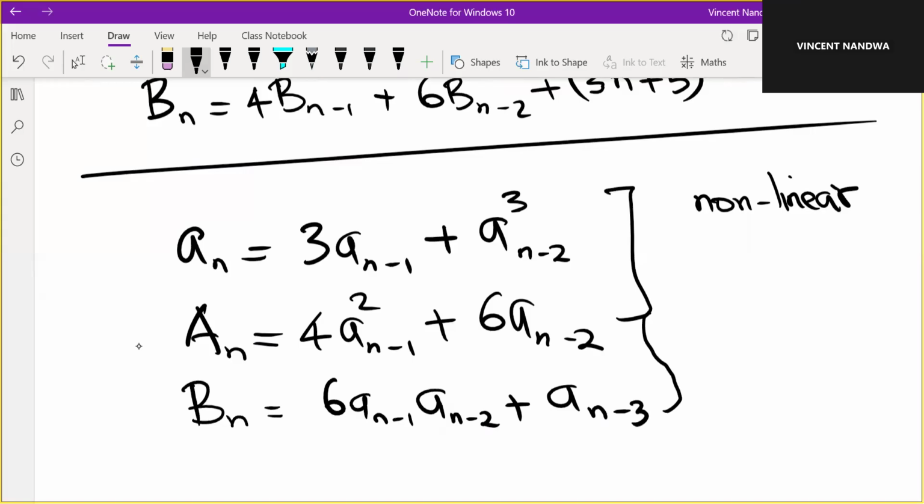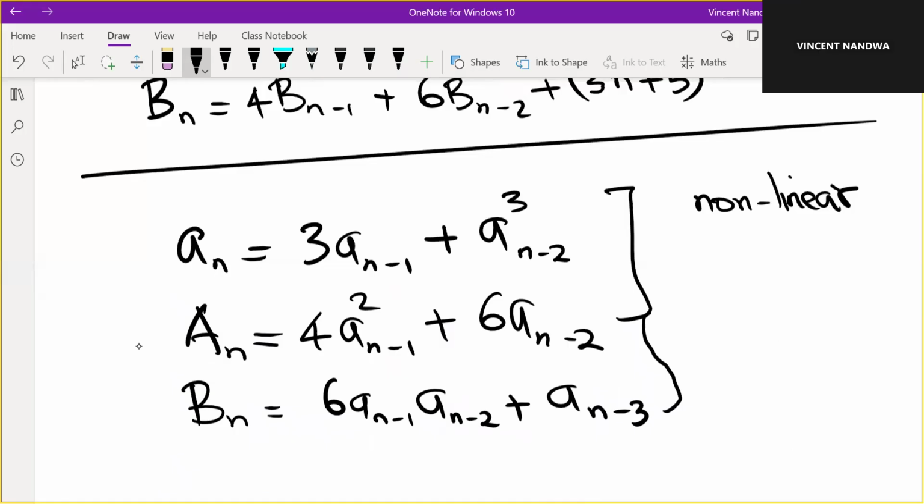So where we have a product of a_i values, or the powers of a_i values are more than 1, that makes the recurrence relation qualify to be called nonlinear.